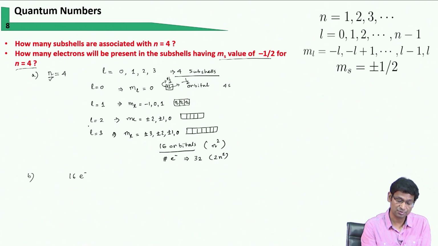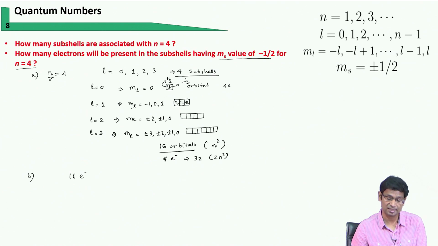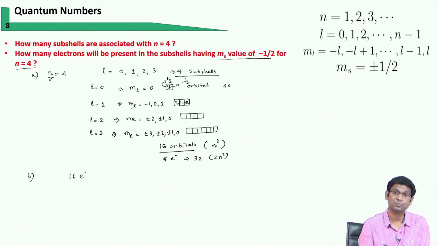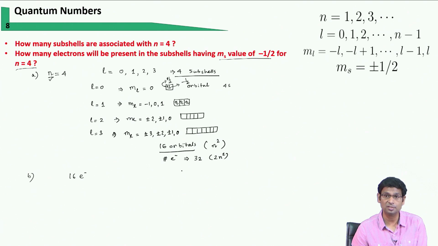They can have one of these 4 subshells, 0, 1, 2, 3: 4s, 4p, 4d, 4f. 4s will have 1 orbital, 4p will have 4px, 4py, 4pz, 4d will have 5 orbitals, 4f will have 7 orbitals, and if I fill all the electrons, I can fill 32 electrons, out of which 16 will be up spin or alpha spin, ms equals plus half. The remaining 16 will be beta electrons, with ms equals minus half. So this question concerns the quantum numbers of an electron.